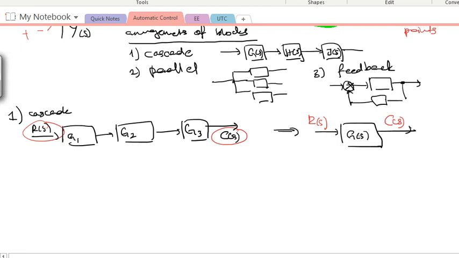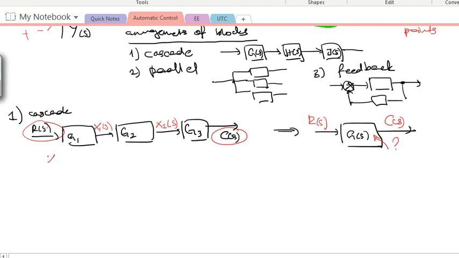So now the question is, what does this G(s) equal in terms of G1, G2, and G3? In order to study that, we have to assign a name to every signal that we have in the cascade form. Let's call this signal here X1(s) and here X2(s). We're going to go step by step by identifying what X1(s) is, what X2(s) is, and then finally what C(s) is, and we'll see what happens.